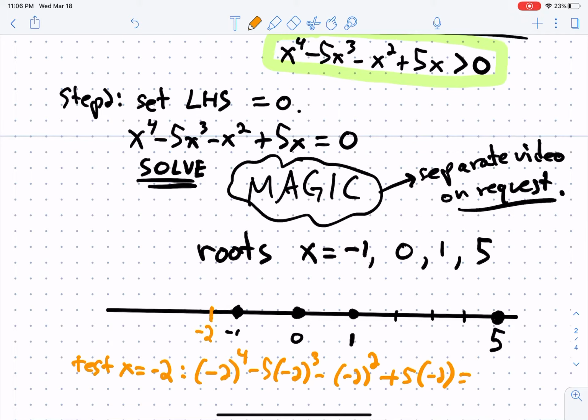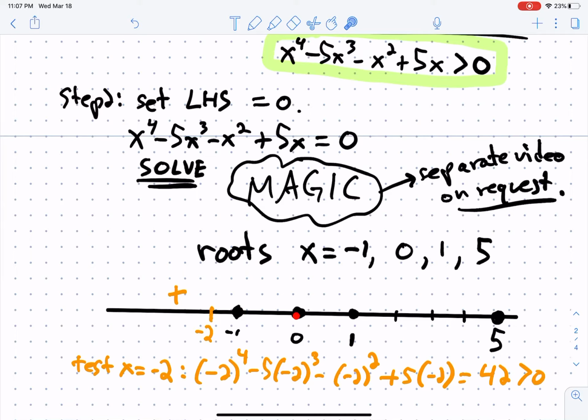In this case, when we plug in -2, the answer we get is positive 42. That is bigger than 0, and that means that it is positive. The function is positive down here from -infinity up to -1. So that takes care of this interval.